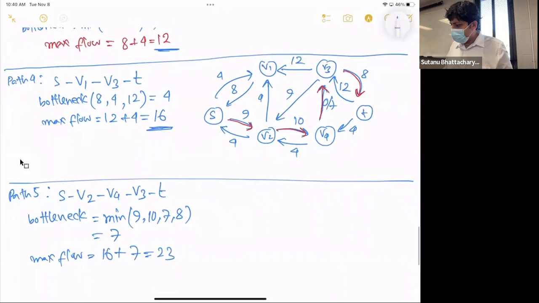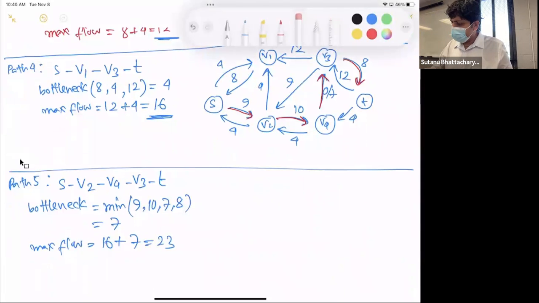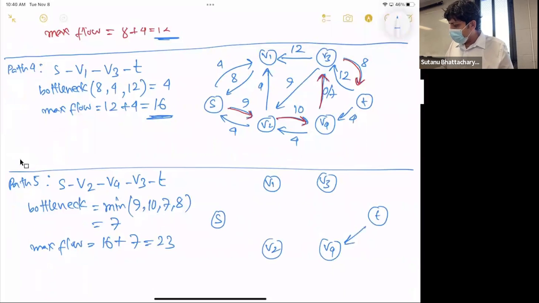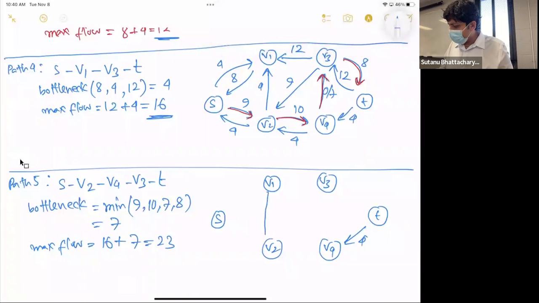So the corresponding residual graph would have S, V1, V3, V2, V4, T. This is 4, this is 4, this is 8, 12.